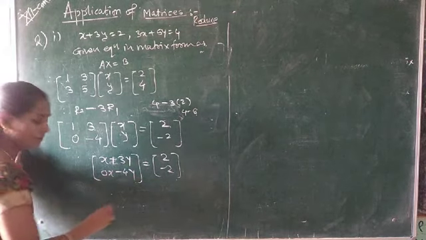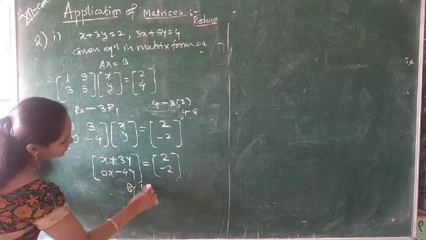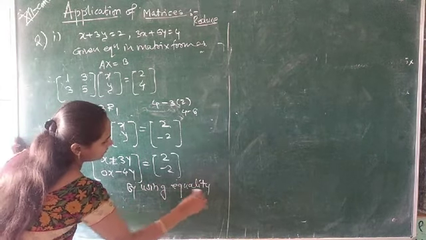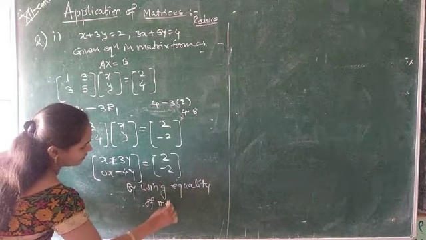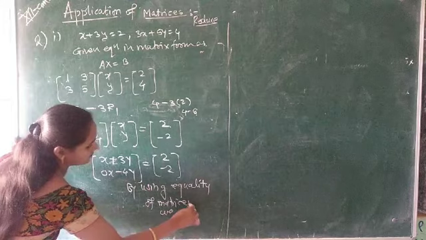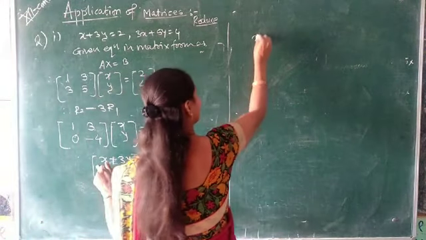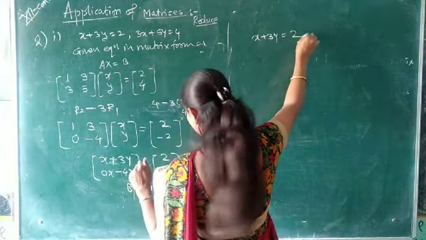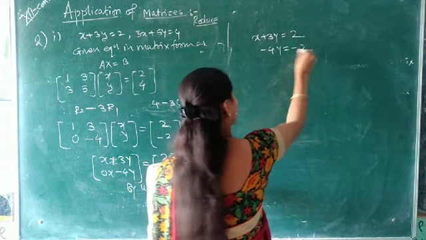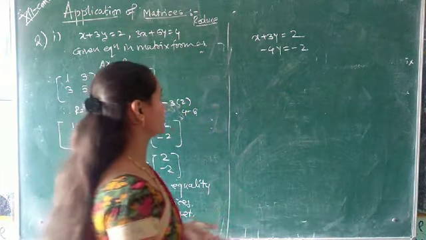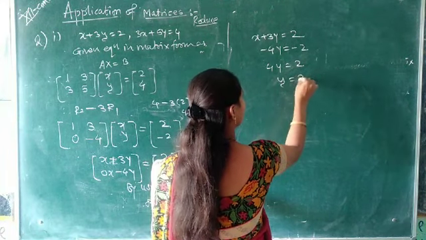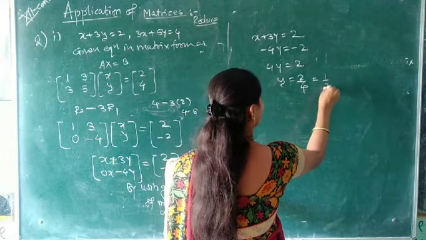So using equality of matrices, we get x plus 3y is equal to 2 and minus 4y is equal to minus 2. So minus will cancel here. 4y is equal to 2, hence y is equal to 2 upon 4, that is 1 half.